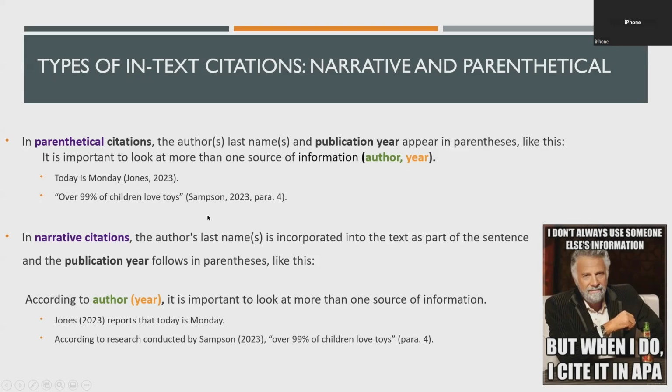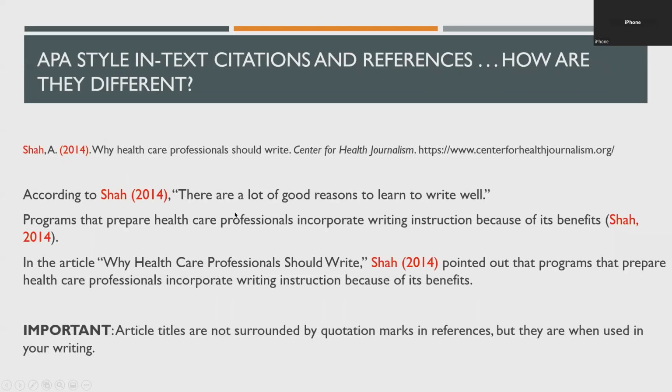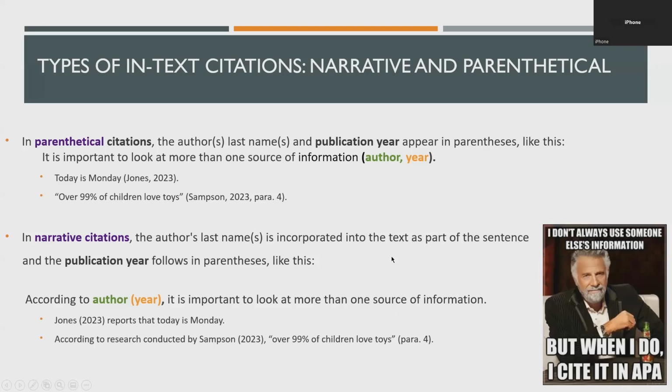The other type, so I showed you here in the article, Why Healthcare Professionals Should Write. This is considered a narrative citation. And that's when the author's last name is incorporated into the text as a part of the sentence. You don't really need to memorize all these terms like parenthetical citation, narrative citation.